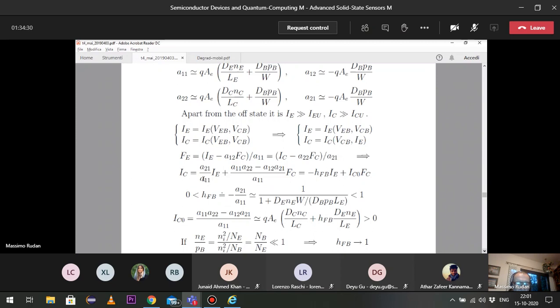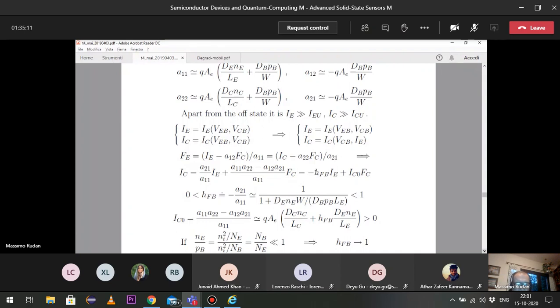So we give it a name, we call minus A21 over A11 HFB. So the first term of this equation turns out to be minus HFB times IE. HFB takes a name, it is called the current gain of the bipolar transistor.